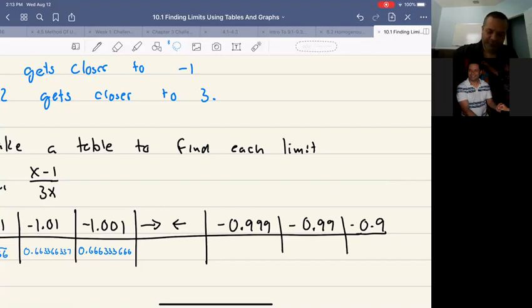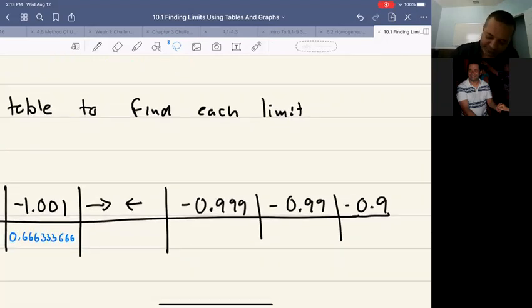There we go, and I get 0.667 with 0.00334. Not really that important, but let's just do it for completeness.